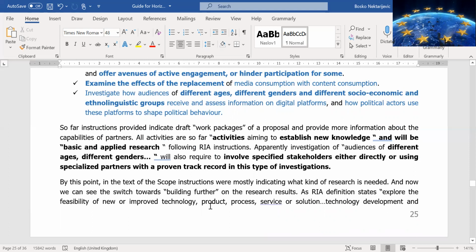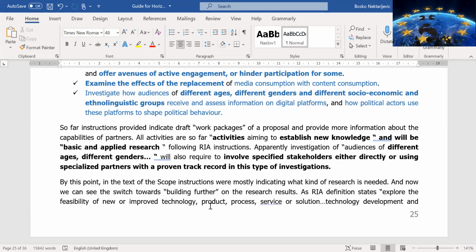Now, so far, the instructions indicate that you draft work packages of a proposal and provide more information about the necessary capabilities of partners. All activities so far are in line with the definition of a research and innovation type of action, to establish new knowledge and basic and applied research.